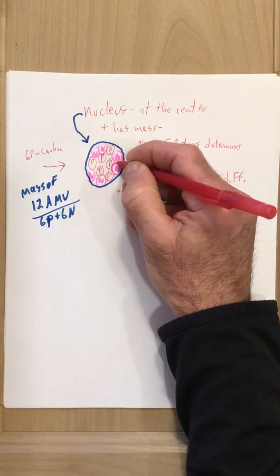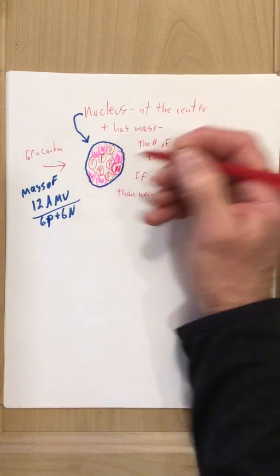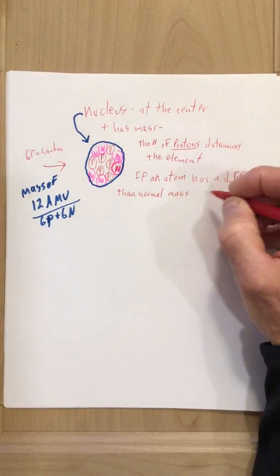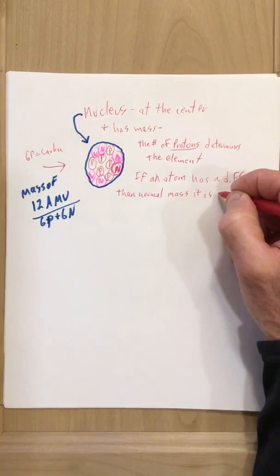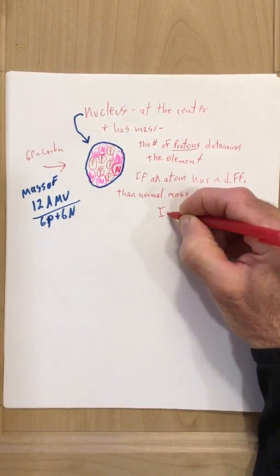There must be one more neutron in there than normal. And that happens. These are called isotopes. If an atom has a different than normal mass, it is an isotope.